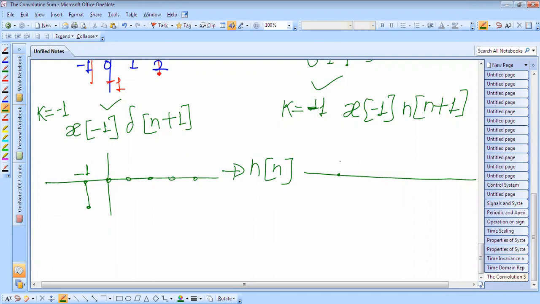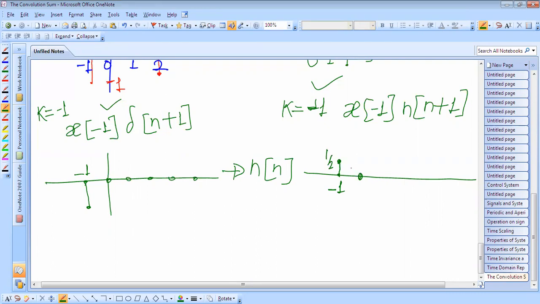When you shift toward the left, it will become half at minus 1. Initially it was half at 0.